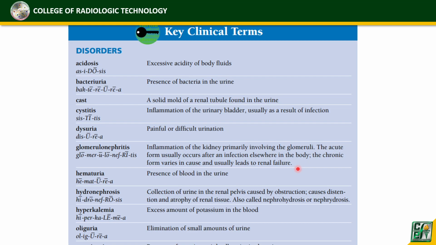Then we have hematuria, presence of blood in the urine, hematuria. Okay, then hydronephrosis. Okay, so collection of urine in the renal pelvis caused by obstruction. Kaya nagkakaroon ng inflammation of the kidney.